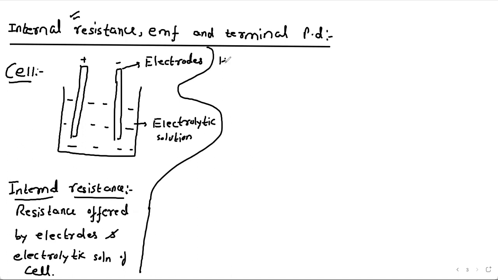Now you have a homework for internal resistance. You have to write 3 factors which can affect the internal resistance of the cell. The factors are the concentration of the electrolytic solution, area of the electrodes, and the separation between the electrodes.